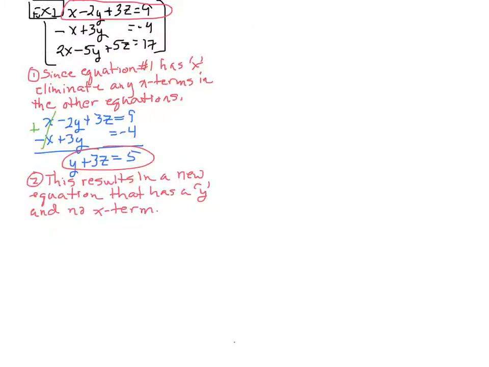So essentially what my next goal is, since I got rid of this x, negative x here, now I want to get rid of this. What can I do to one of these two equations to get rid of this?